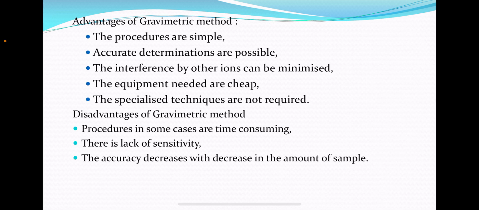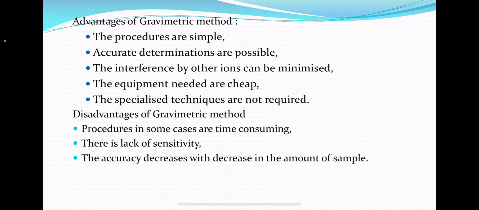Other than that, it is a very good technique where we can measure the mass of the substance accurately, the interference by other ions is almost minimized, and the equipment needed is cheap compared to other methods of analysis. It is a widely used technique which comes under quantitative analysis.